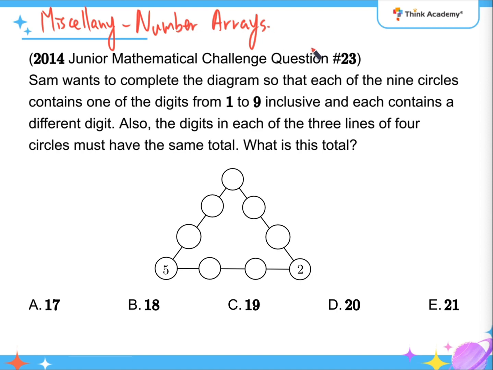Essentially, we need to know that first of all, we are counting 3 sums of the 3 lines, right? In this question. And definitely, if I'm counting the 3 sums, there will be 3 numbers that are counted twice, which are 5, whatever this is, let's call it question mark, and 2.